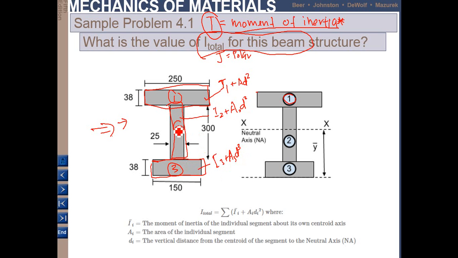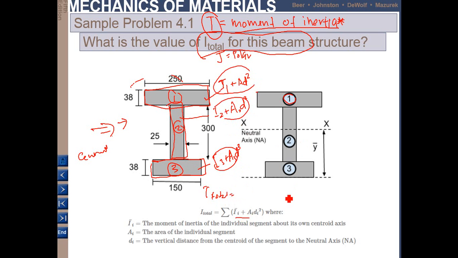So first we have to find the centroid of this structure, in order to find D. So this is the equation. When you get all these values, you sum them, so I total is equal to all this.